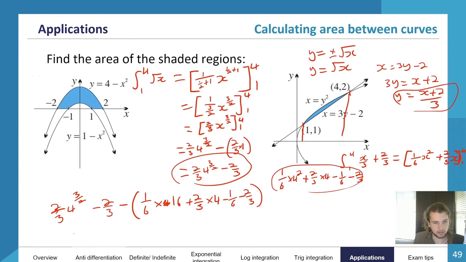So some things cancel there. That's 2 over 3 times 4 to the 3 over 2. This cancels that one there. Minus 16 over 6 plus 8 over 3 minus 1 over 6.